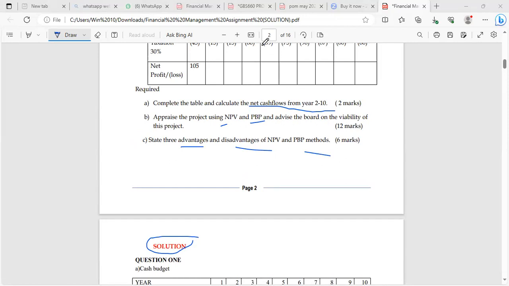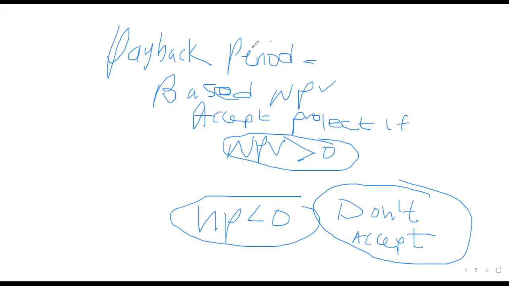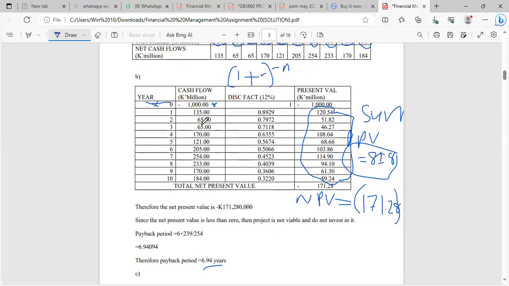How did you arrive at 6.9? My question is, how much did you get when adding the totals of the amount we received from year 1 to 6? That was 761. That one I've understood.